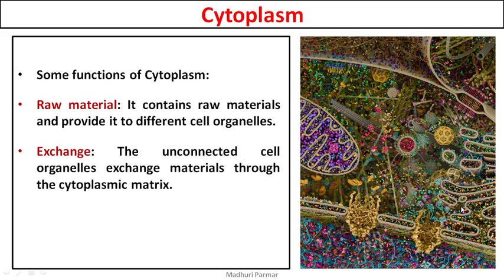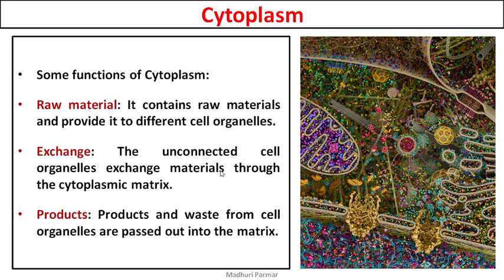For example, some protein from endoplasmic reticulum needs to reach mitochondria, but because they are not connected, what will happen? You need to transport it, right? So this transport, this exchange will take place through cytoplasm. Fine. Then products and waste produced by different organelles will also be added to this cytoplasm.